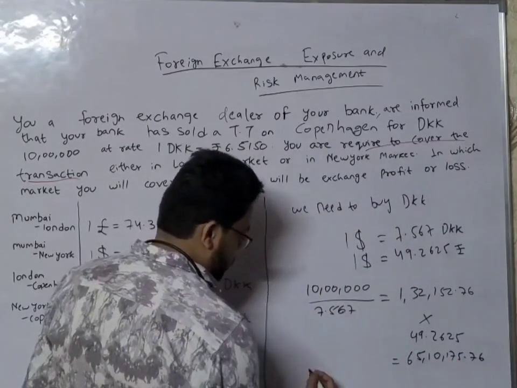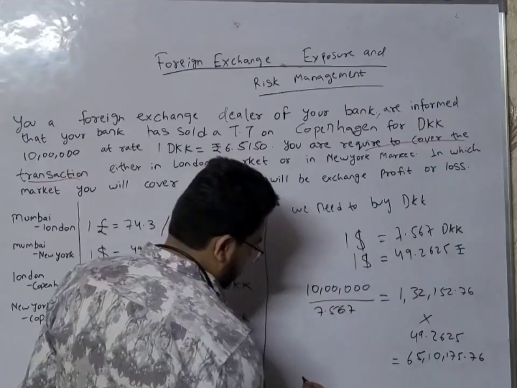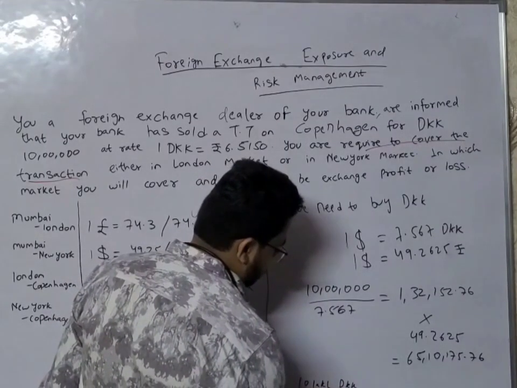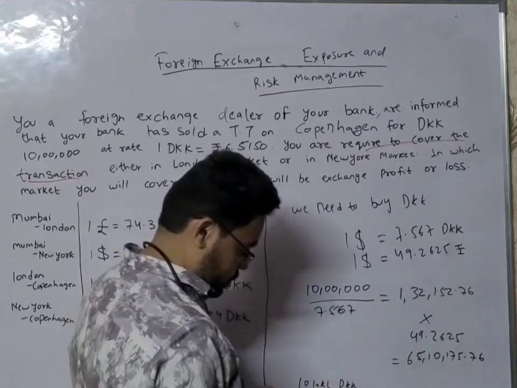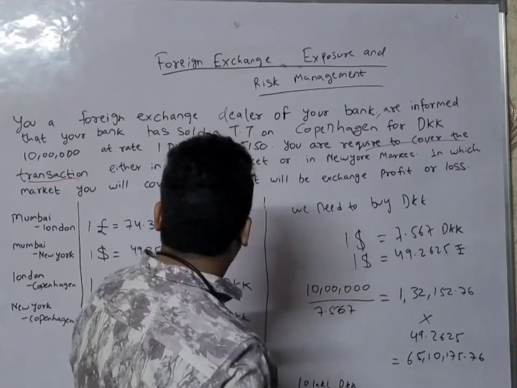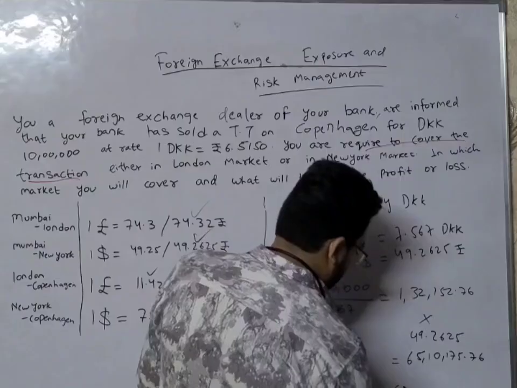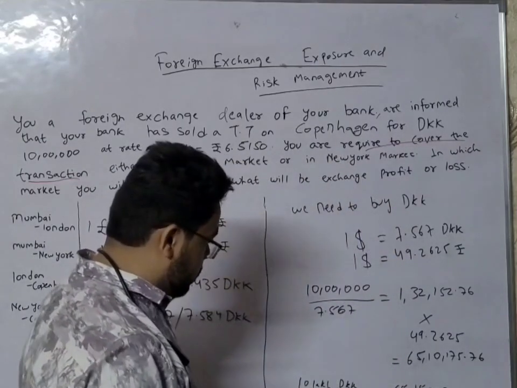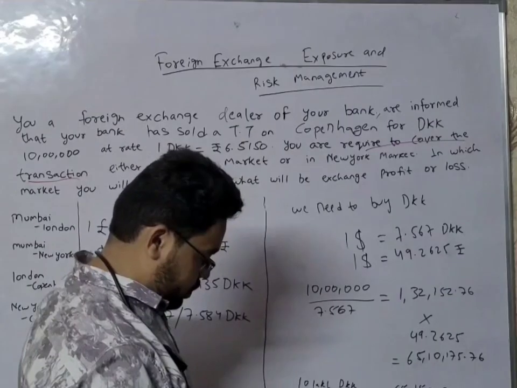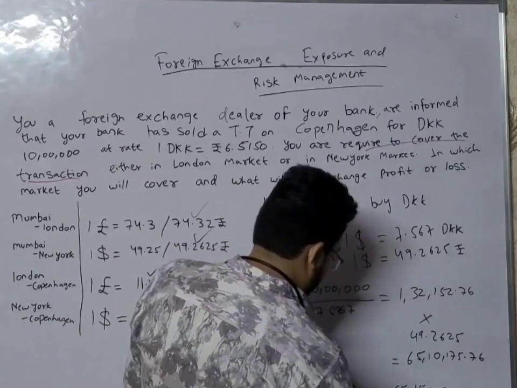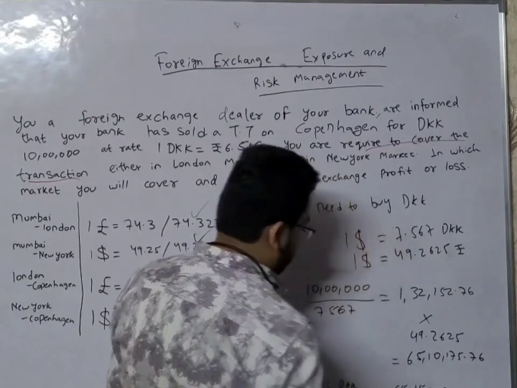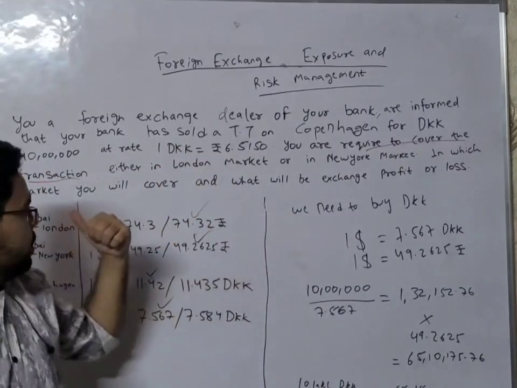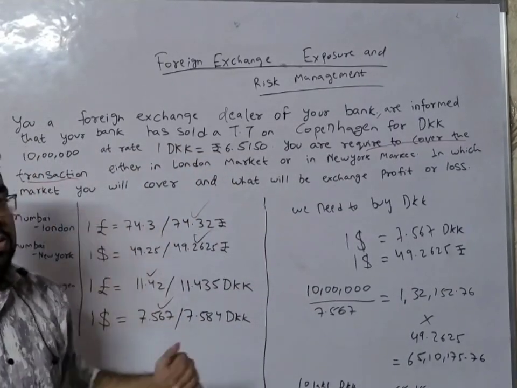Okay, we will receive in rupees. How much will we receive by selling DKK? 10 lakh DKK sold. We will receive 65 lakh 15,000. Okay, now what will be the profit or loss? 4824 will be the profit. So we need to advise our bank to enter the London market to get the higher profit.